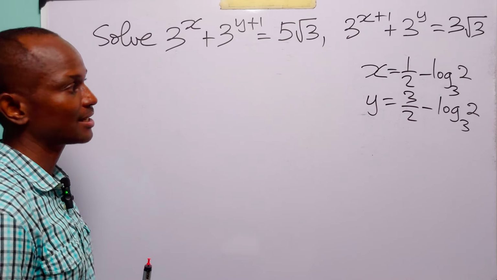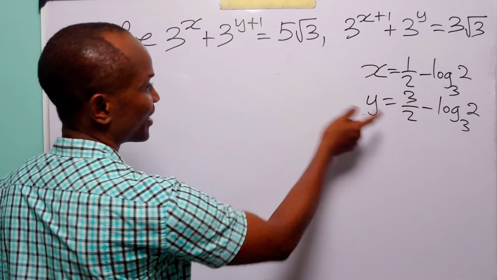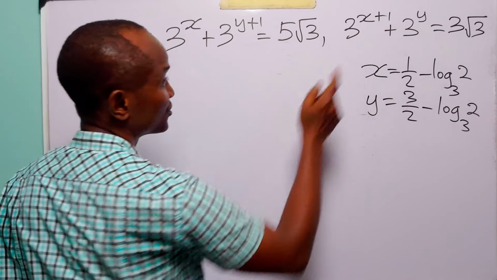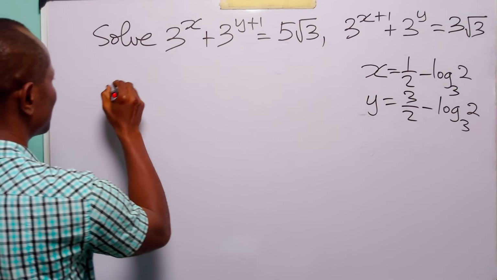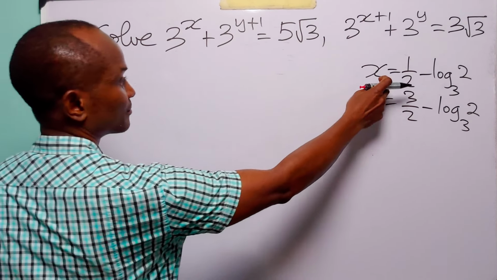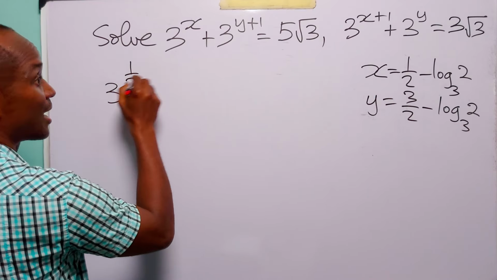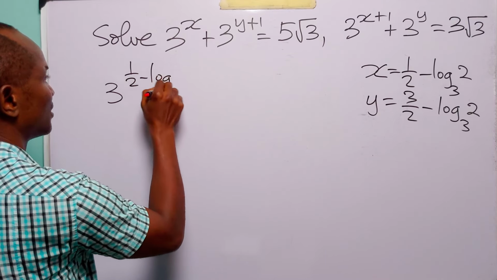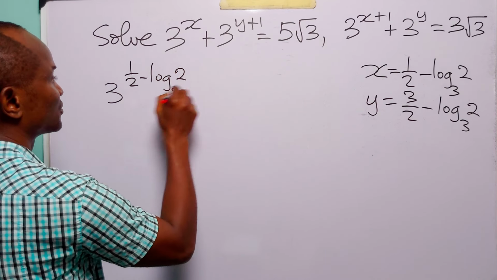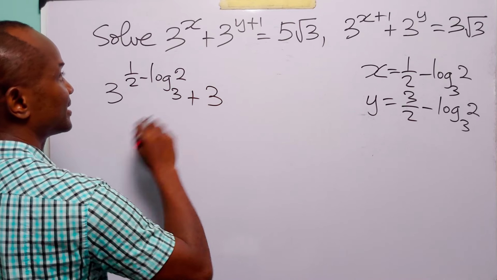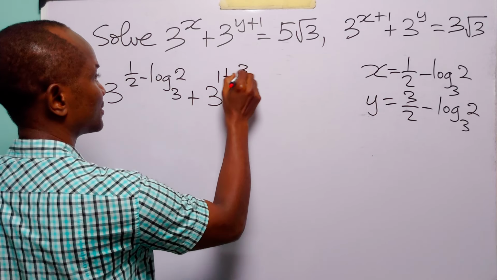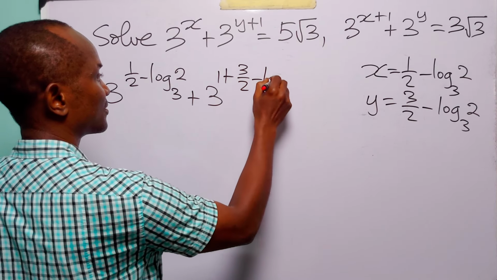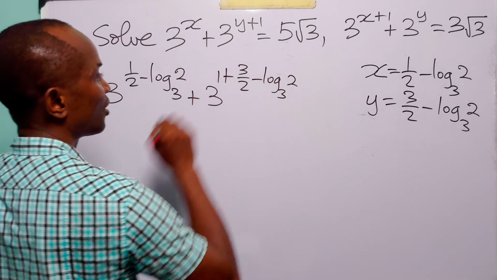Now, to check our answer, let us substitute these values of x and y into these two equations in turn. Starting with the first equation, we have 3 to the power half minus log to base 3 of 2 plus 3 to the power 1 plus 3 over 2 minus log to base 3 of 2.